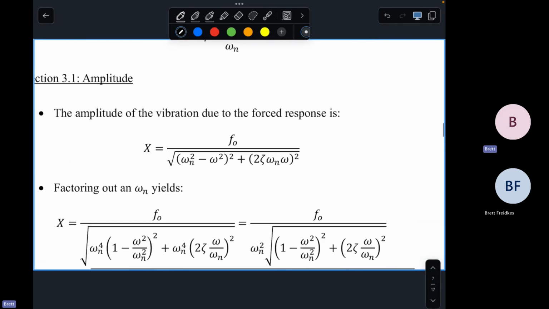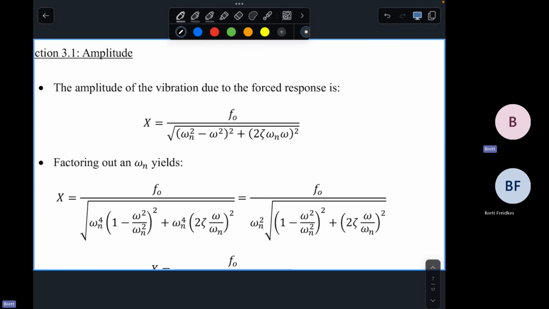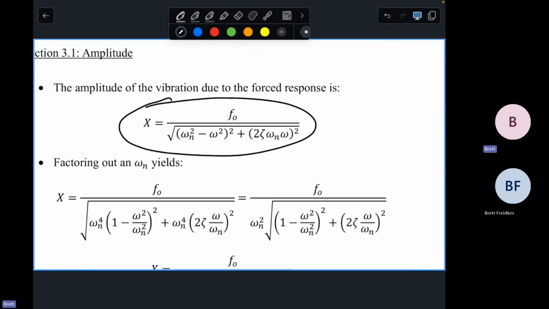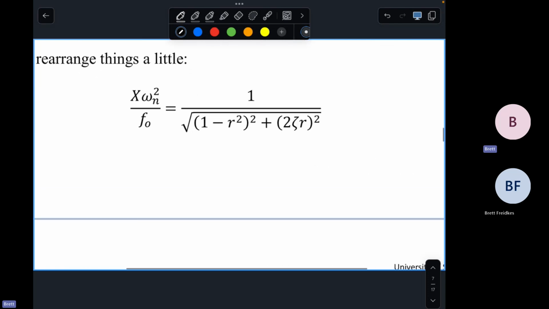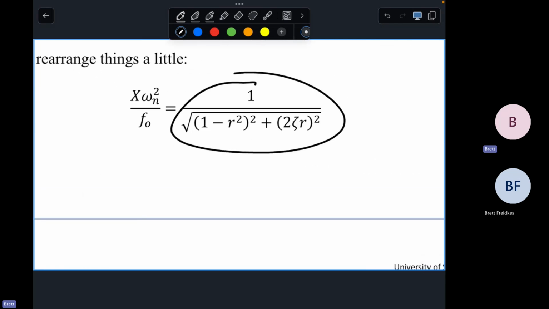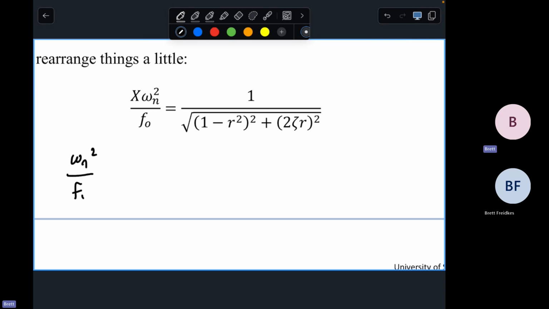We've already defined this before, but if you do a little bit of algebra, we can convert this, which is the amplitude I just showed you, that depends on the damper and the frequencies and stuff, to this. Well, really, let's look at what omega n squared over F naught is.